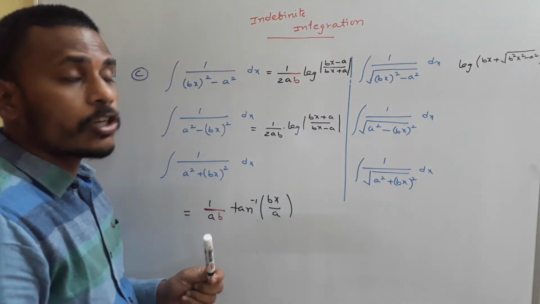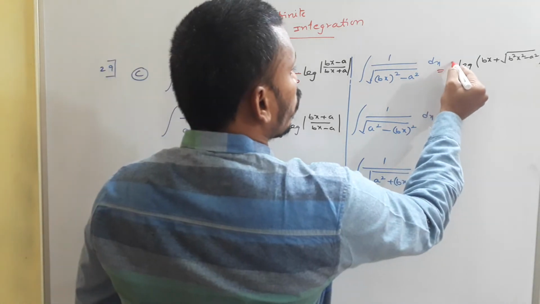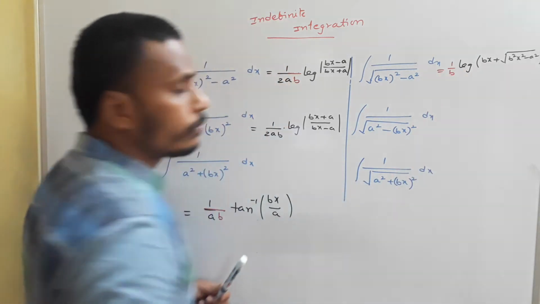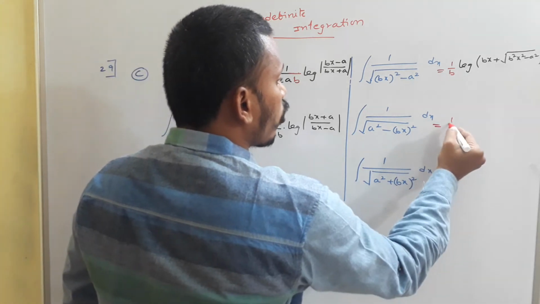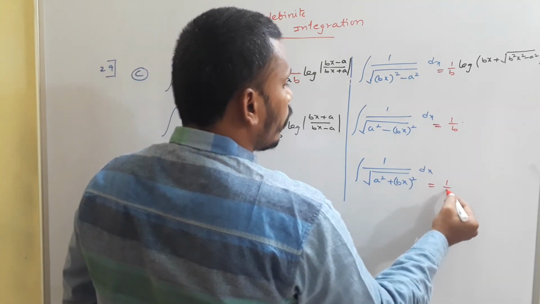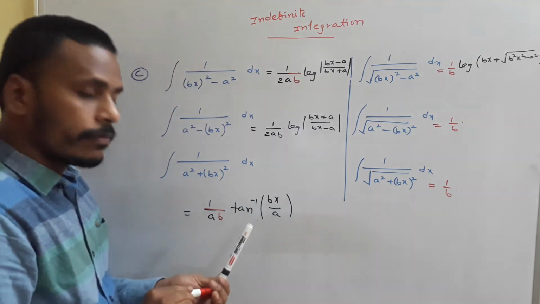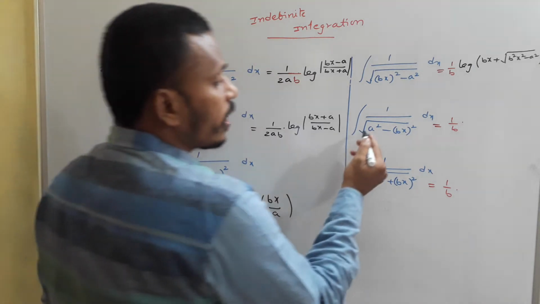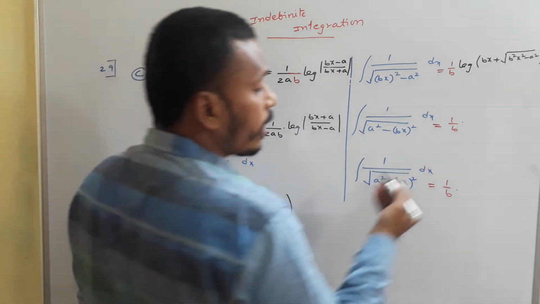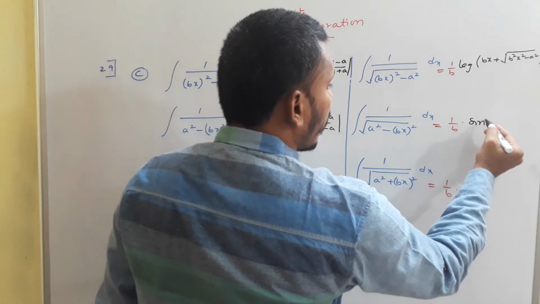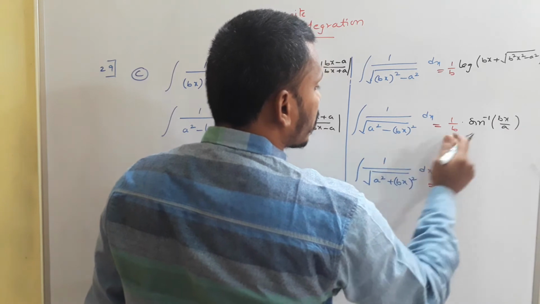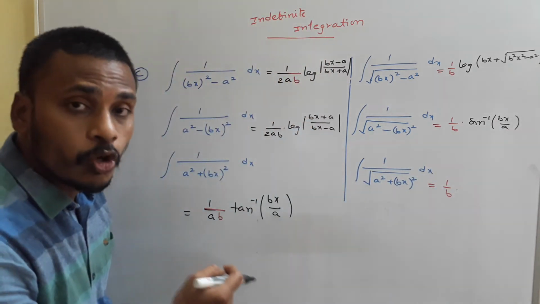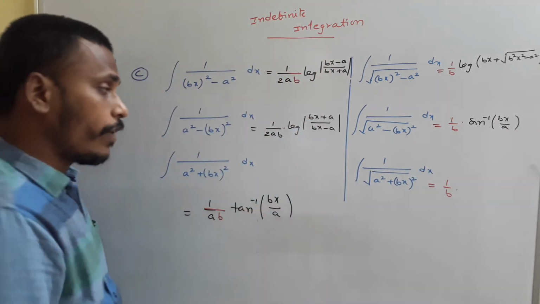Since the coefficient of x is b, here you need to use 1 by b. And the same way, for every problem, since the coefficient of x is b, everywhere we need to use 1 by b. Now for a² minus b²x², a² minus t² gives sin inverse of t by a, which is sin inverse of bx by a. So the answer is 1 by b sin inverse of bx by a plus a constant of integration.